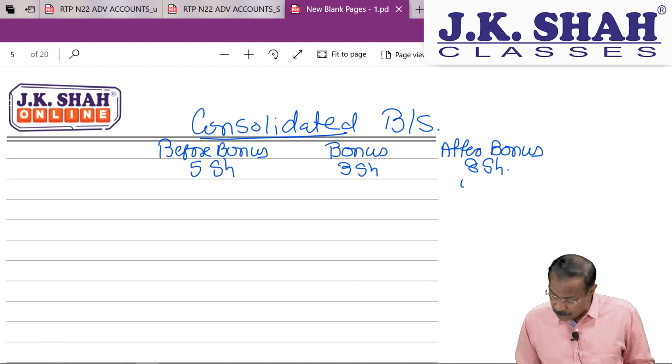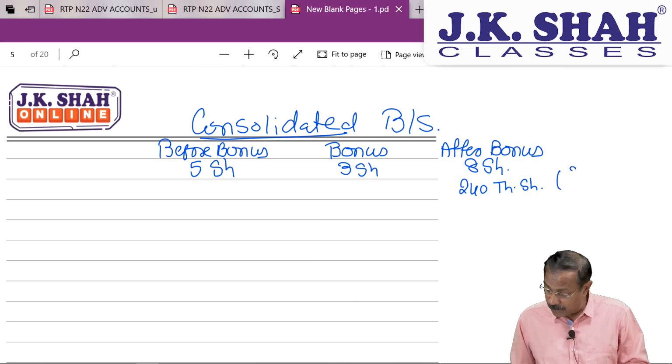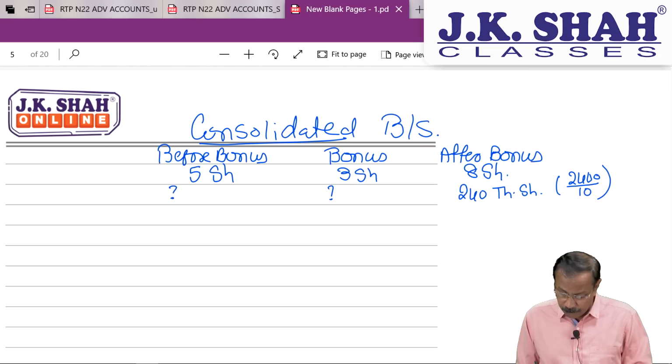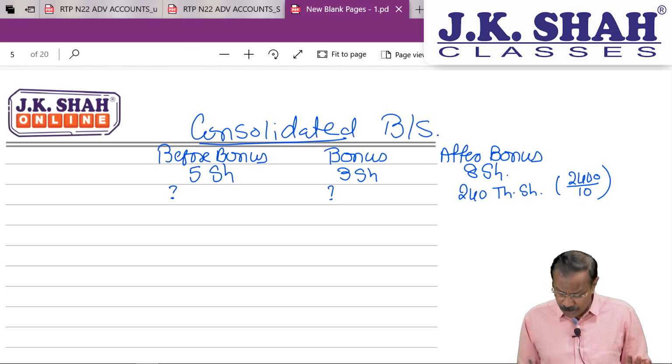So now here it is 240,000 shares after bonus. How do I get this? It is 2,400 divided by 10. So find out what is your bonus and what is your before bonus capital. Simple cross multiplication. Answer will be, this is 150,000 shares and this will be 90,000 shares now.